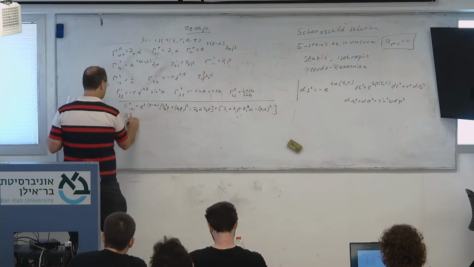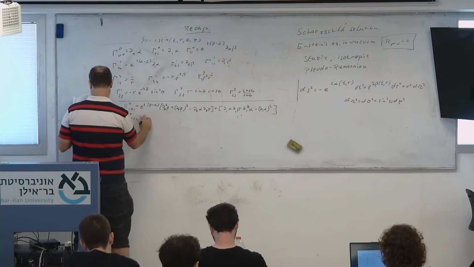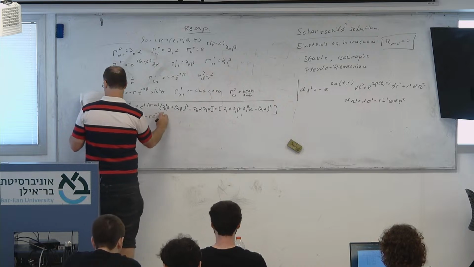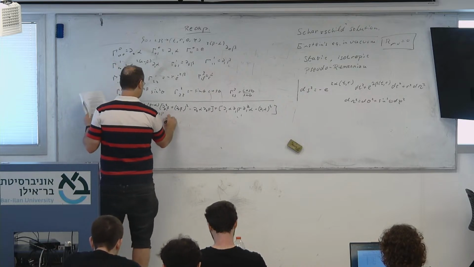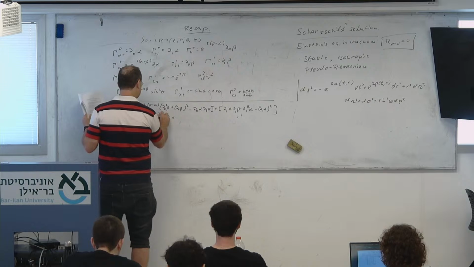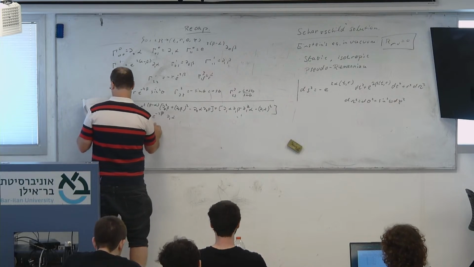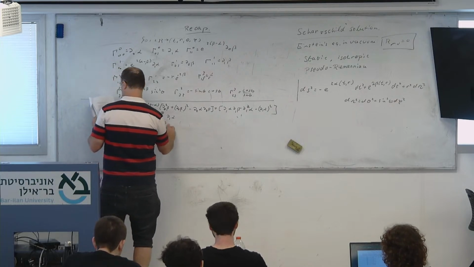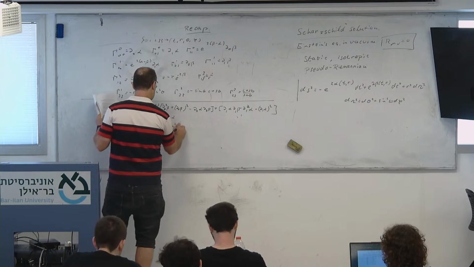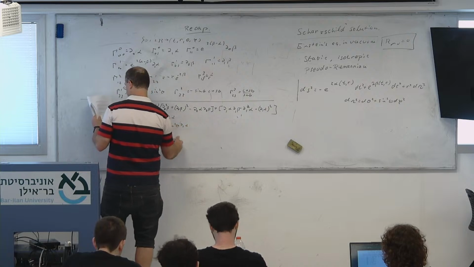R 0,2,0,2 is minus r e to the minus 2 beta d1 alpha. R 0,3,0,3 is minus r e to the minus 2 beta sine squared theta d1 alpha.